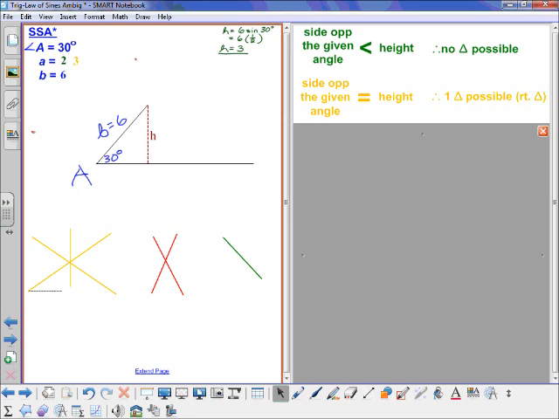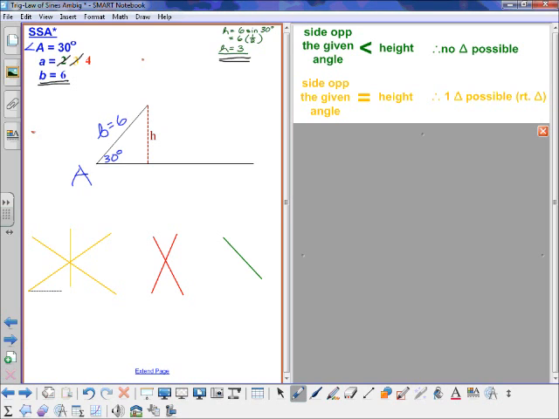What if we said A was now 4 instead of 3? Notice it's still less than that top side, and now it's bigger than the height.